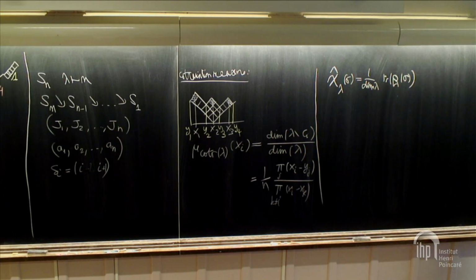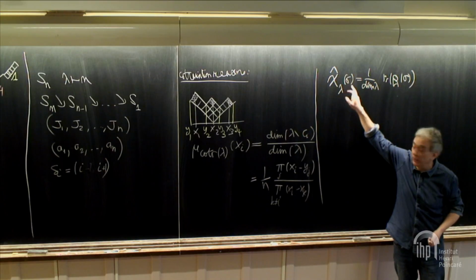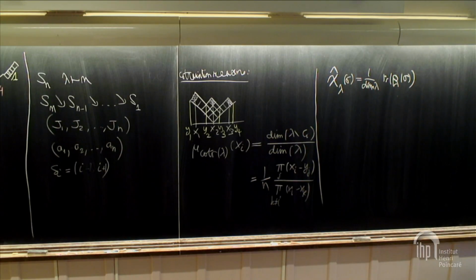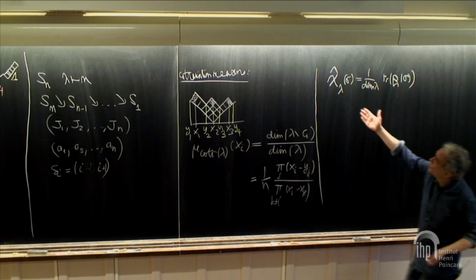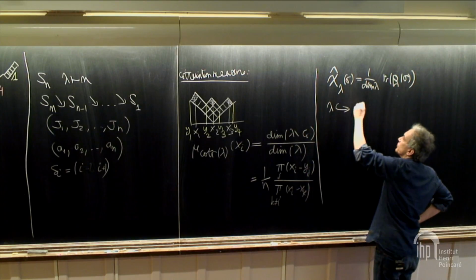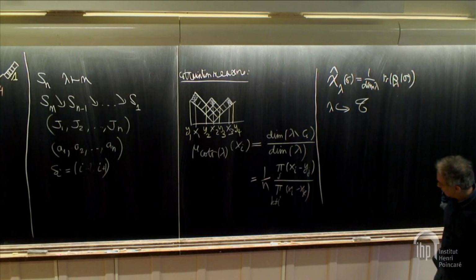If sigma is a permutation of S infinity, so if lambda is large enough, then this permutation belongs to Sn, so I can evaluate this quantity. What we did was to embed lambda, the partition, into the Thoma simplex. It was done using the Frobenius coordinates.